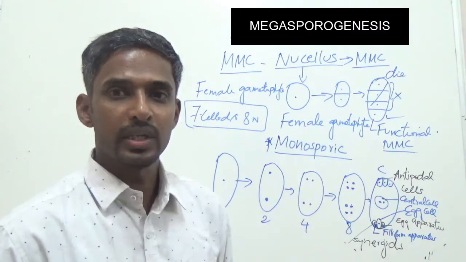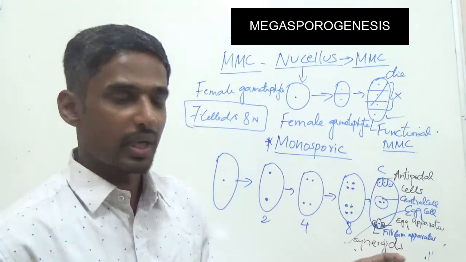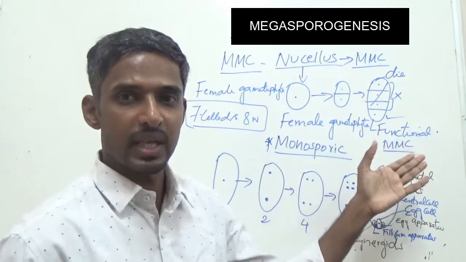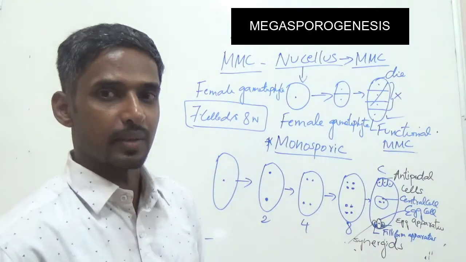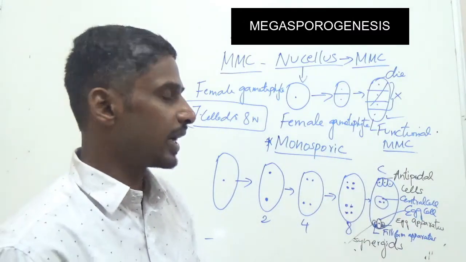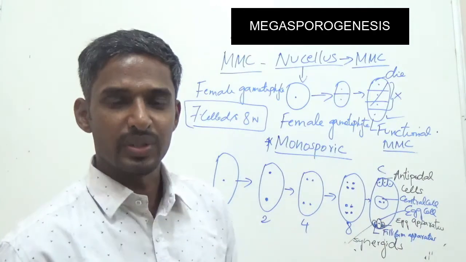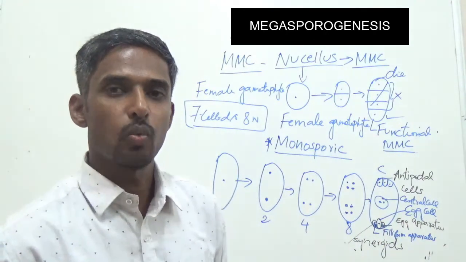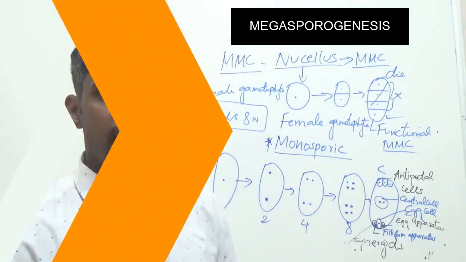Once 8 nuclei are produced, these 8 nuclei get assorted and 3 will go to the chalazal end, 3 will come to the micropylar end, and 2 will remain in the center. The chalazal end cells will become antipodal cells, whereas the micropylar end becomes the egg apparatus, which consists of 2 synergids and 1 egg cell. And then we have the central cell, which is a diploid cell.